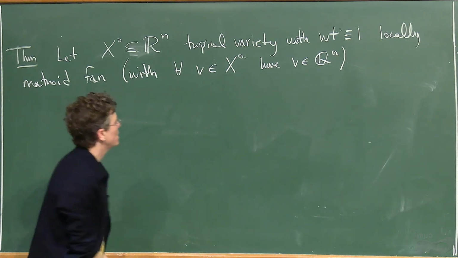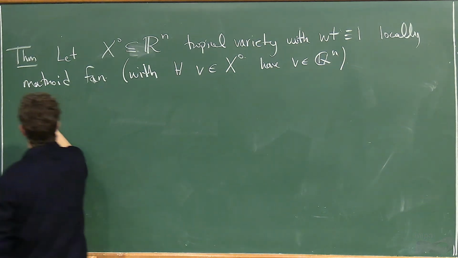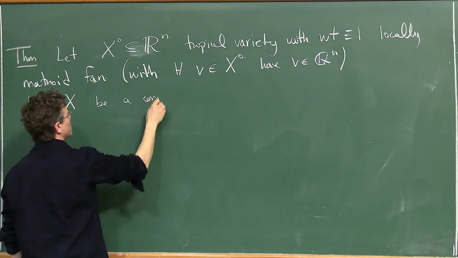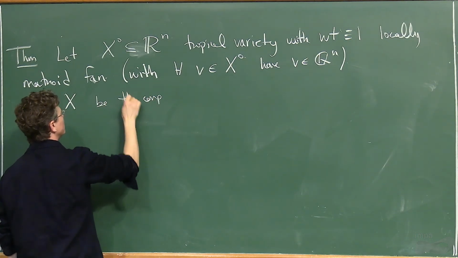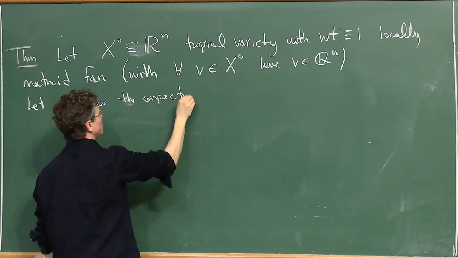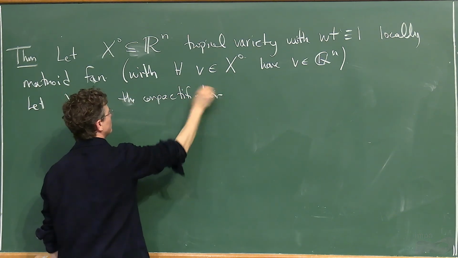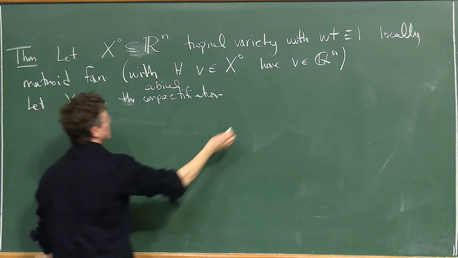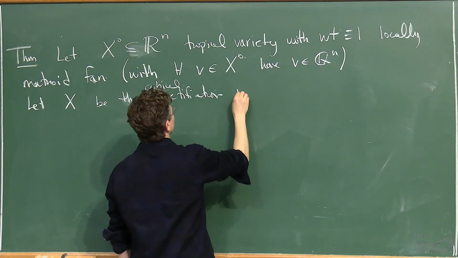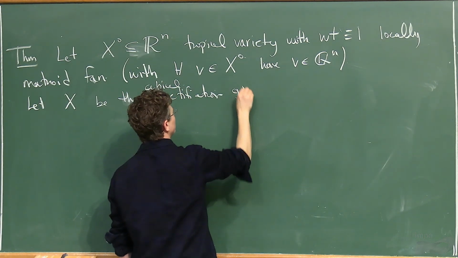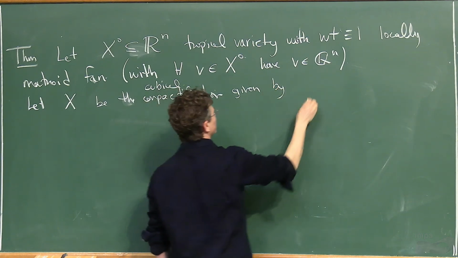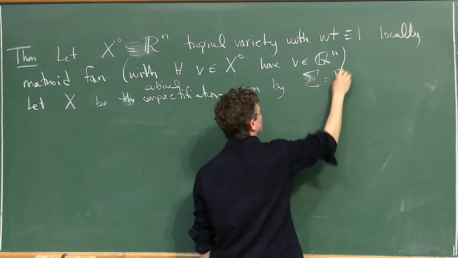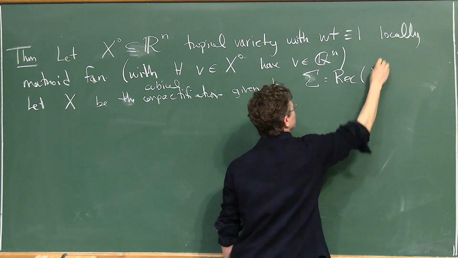Okay. We're going to take X to be the cubical compactification given by the fan which is the recession fan of X0.